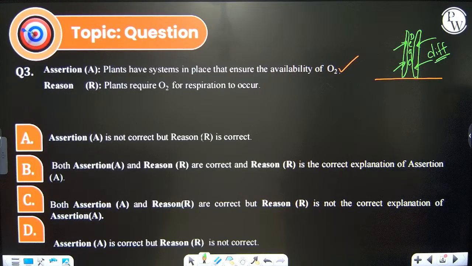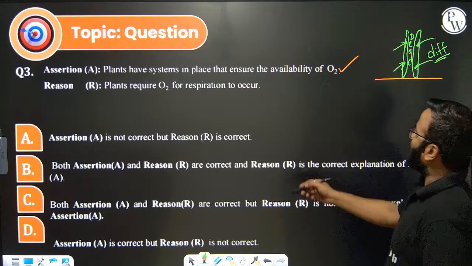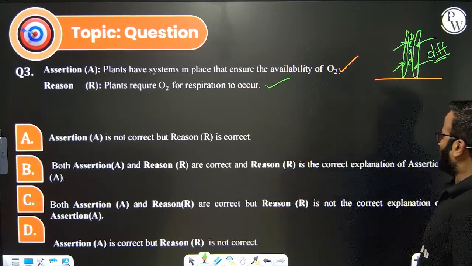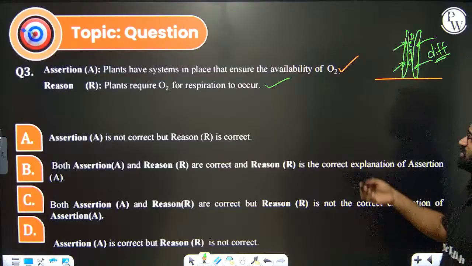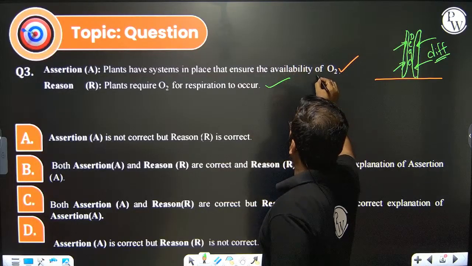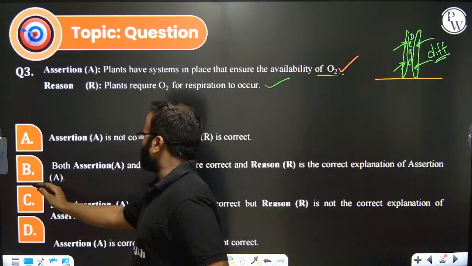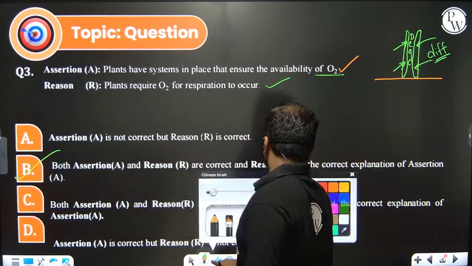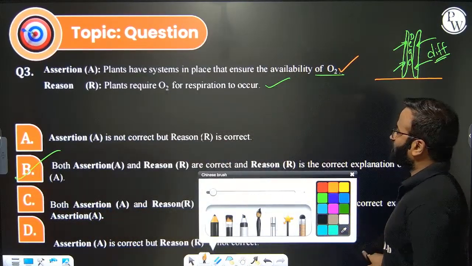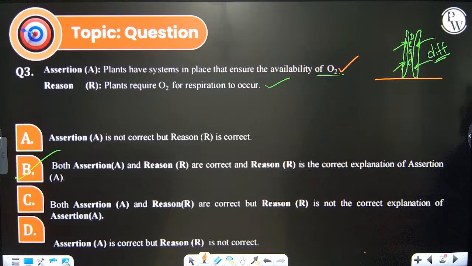So plants have systems in place that ensure the availability of oxygen. True. Plants require oxygen for respiration to occur. So what do you think? Both are right as statements, and indeed it is explaining why they require oxygen. So I would go with B as the answer. Both of them are true, and it is the right explanation as well.